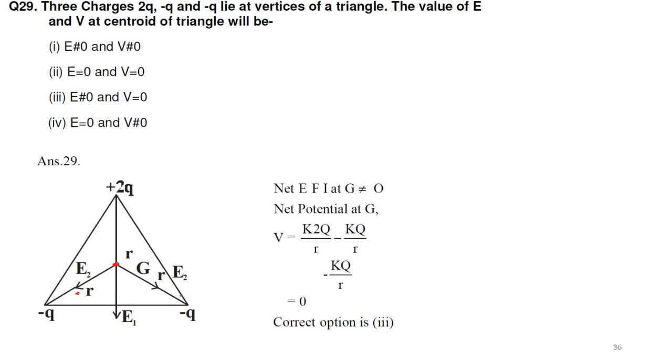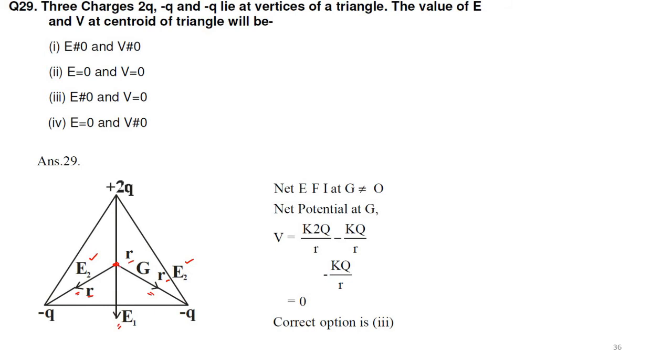Similarly, at this point, electric field due to this minus q will be in this direction. And then electric field at the centroid due to this positive charge will be in this direction as indicated here. So the three electric fields are here, E2. Here also it is given as E2 because they are equal in magnitude. Distance is same, R and R. This also R because this point is centroid.